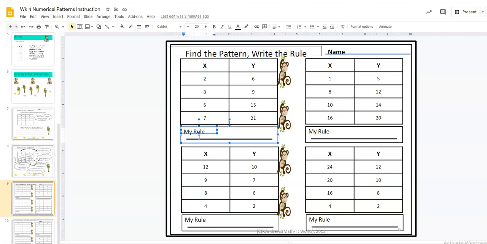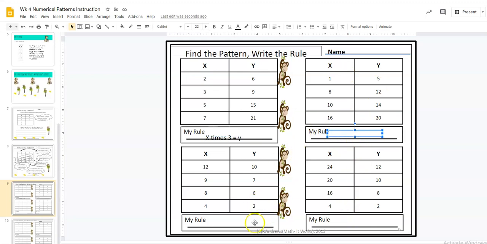I would click down here. Might have to click twice so I can get a box to write in. And then I'm going to start typing. The term in x, I'll just call this x, times 3 equals y. And then I would move on to my next function table.